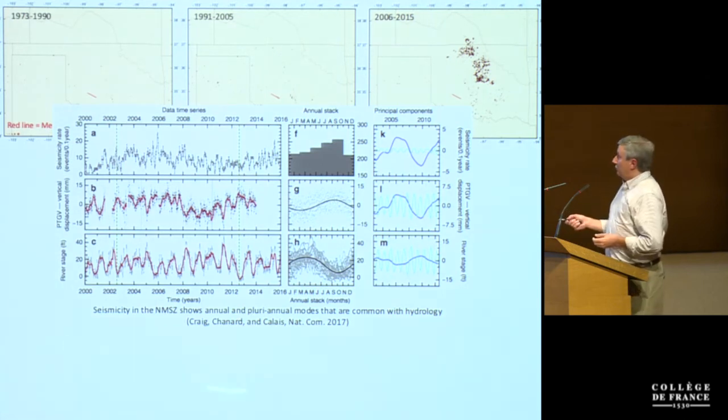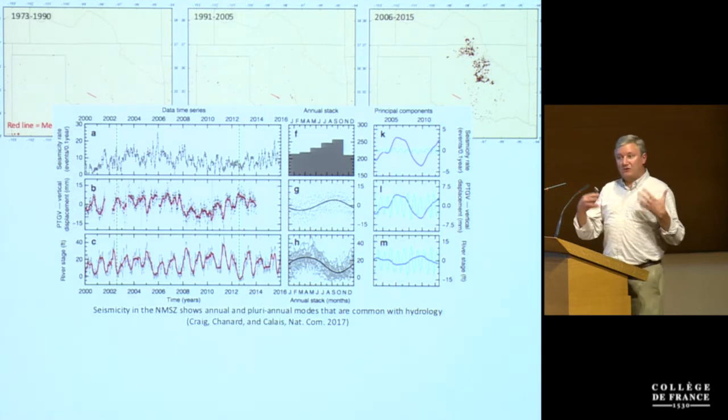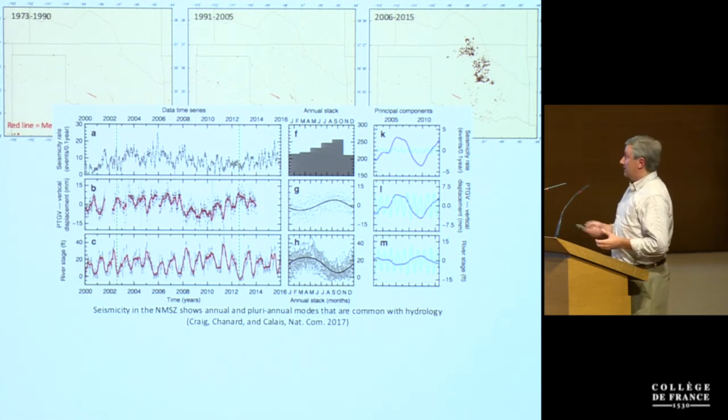You can also plot a fourth panel that would show the equivalent water height measured by a gravity satellite like GRACE, for example. It would mimic exactly this here. These are annual stacks, month by month.